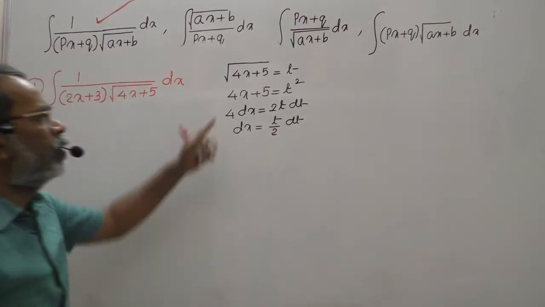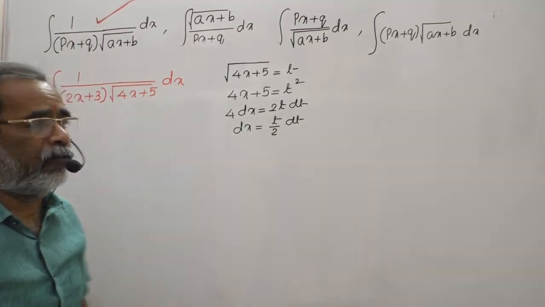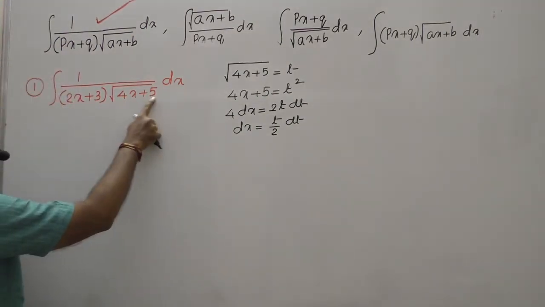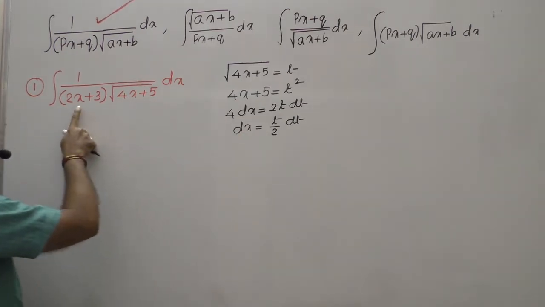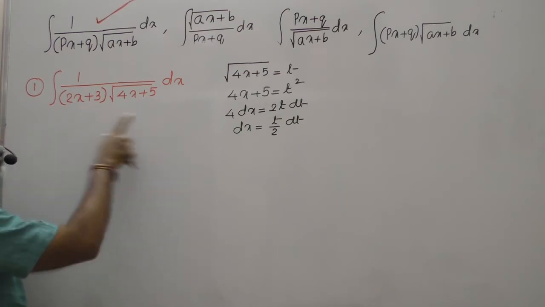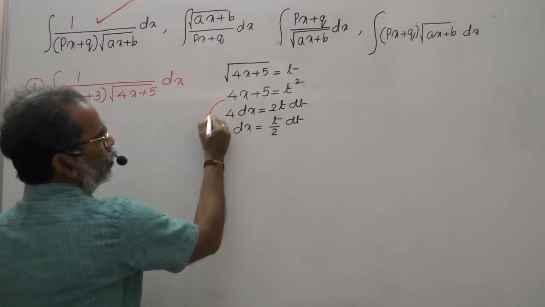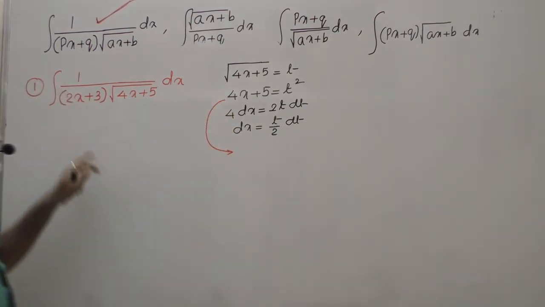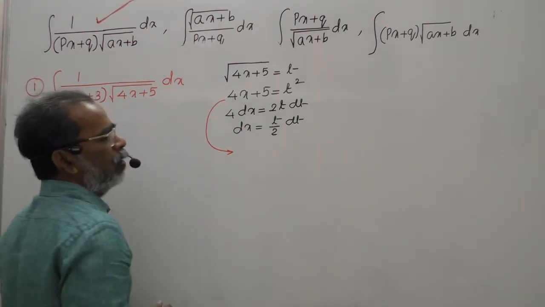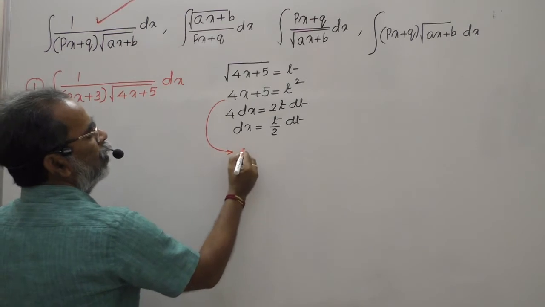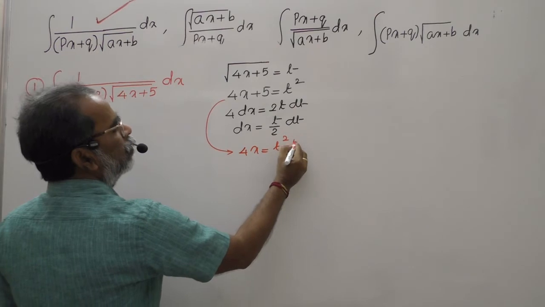This is the substitution method, also known as change of variable. We have taken this as t, and dx is also obtained in t. What about this? It has to be transformed to t. I should get 2x plus 3 in terms of t from the substitution. See, 4x is equal to t square minus 5.